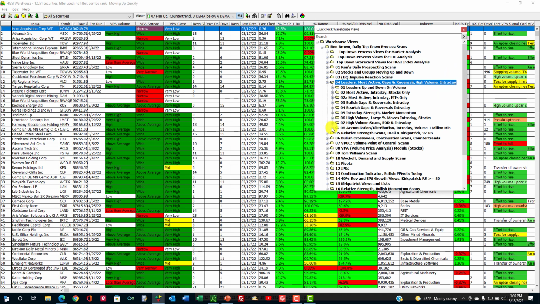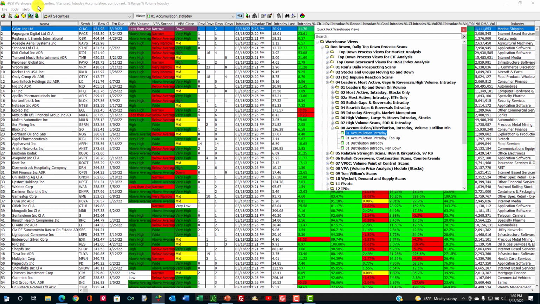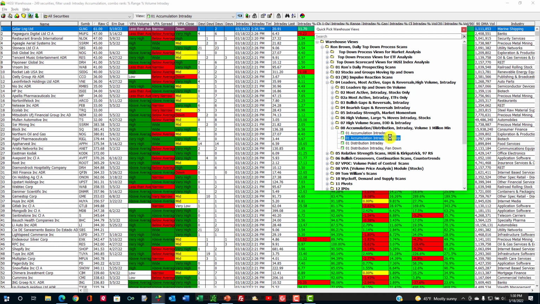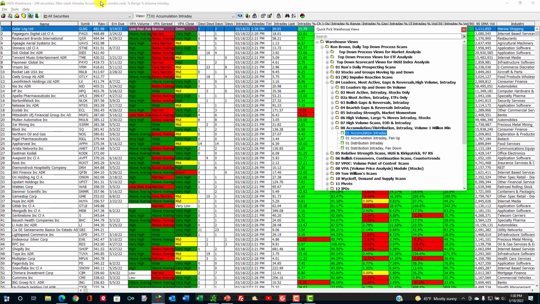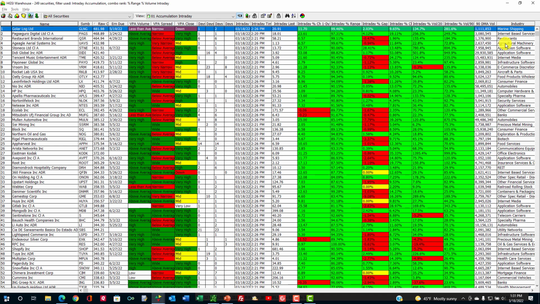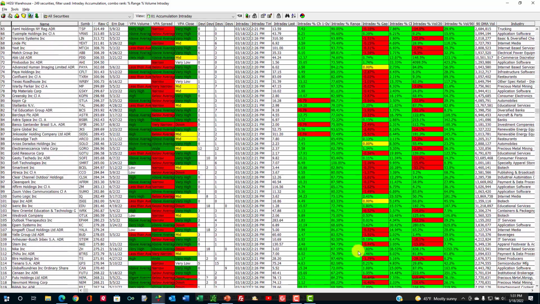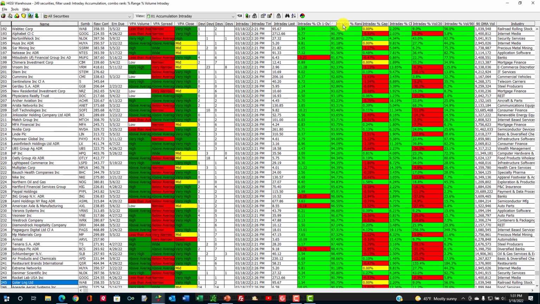Go down to folder number 8, click on accumulation intraday or intraday fan up. You can see there's a big difference here, 249 securities that are under accumulation today based upon my criteria, and they have to be 60% or above on their daily range. Let me just resort this.